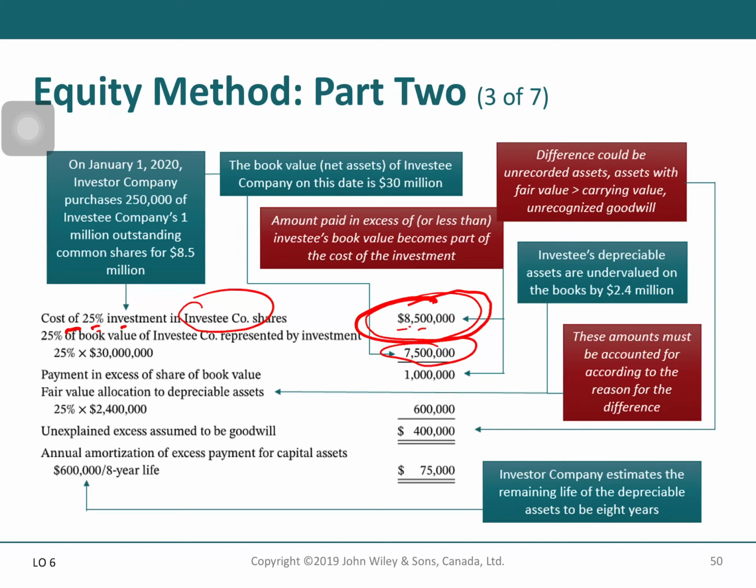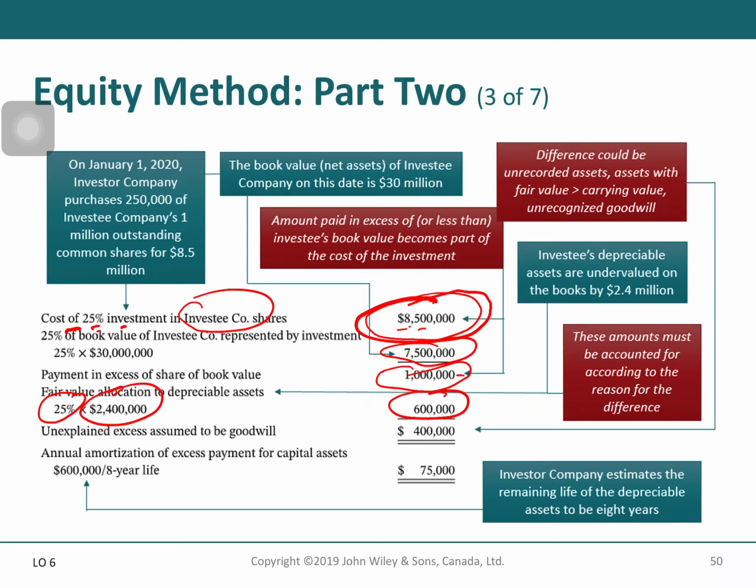Okay, meaning that this is the excess over the share of book value. Okay, and then here is the fair value allocation to depreciable assets, which is 25% of total allocation to depreciable assets, 600,000.